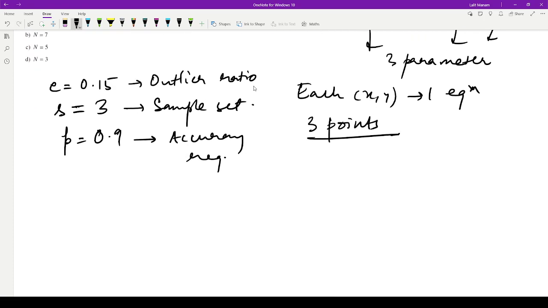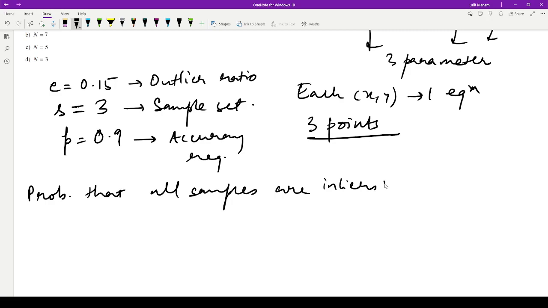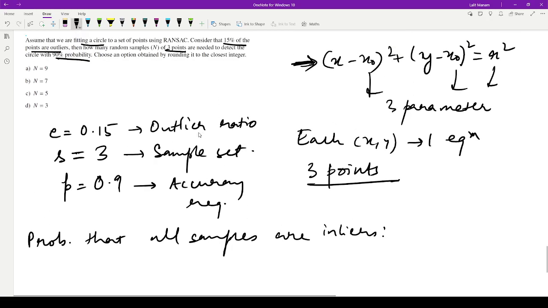Do you remember that weird formula that was given in the class, which is not weird at all, by the way. It just looks weird. So we'll try to derive it. The probability that all samples are inliers is what? Given that you have outlier ratio E, each sample can be an outlier with 15% probability.